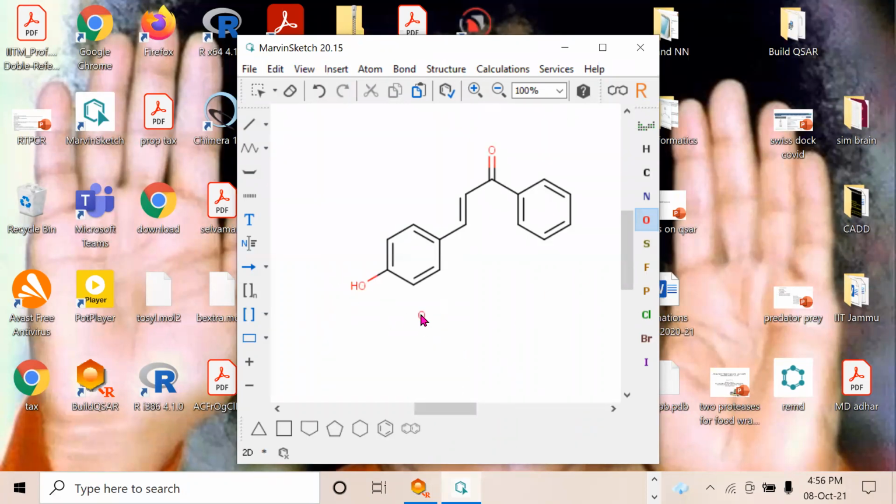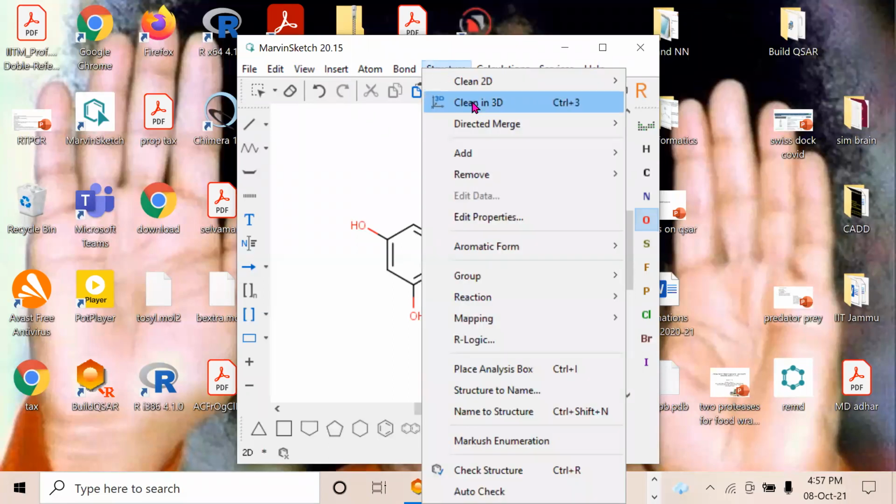I've drawn it on paper, so it's like a flat molecule, but it will assume some three-dimensional conformation for minimum energy, right? So we can use this Marvin Sketch. First we draw it on paper. This is flat, but in real life it may take a three-dimensional conformation, right? So in Structure, we say clean in 3D.